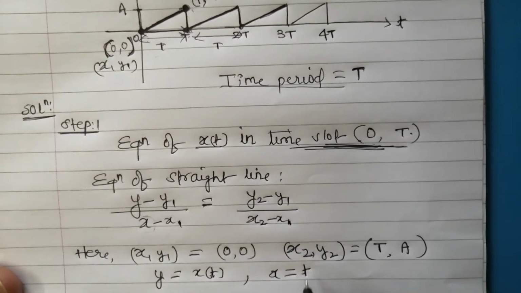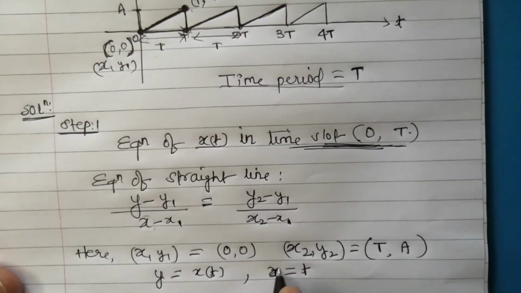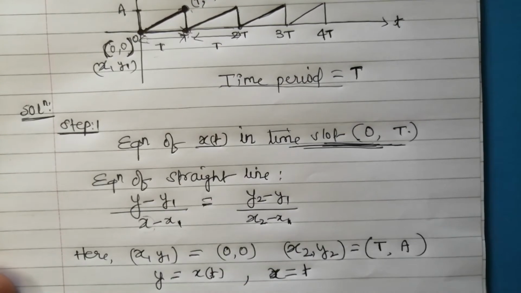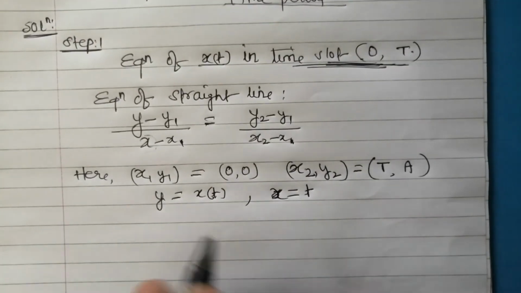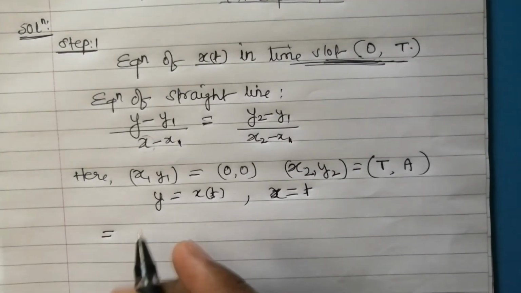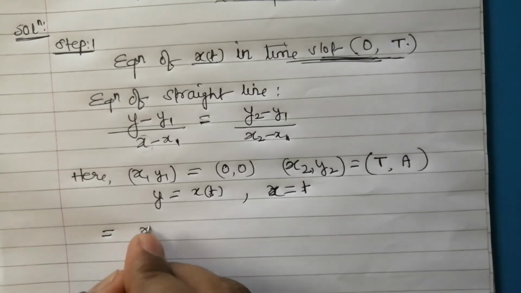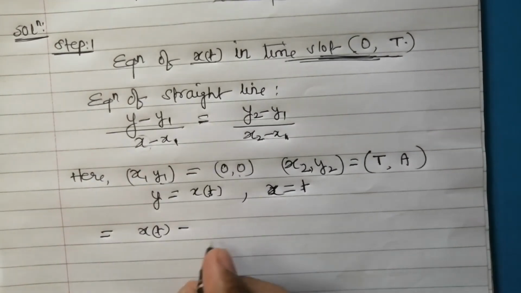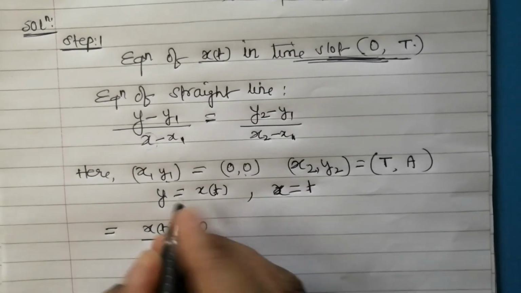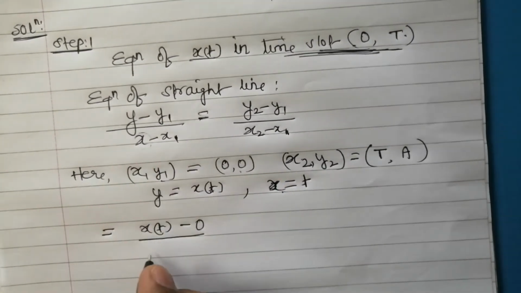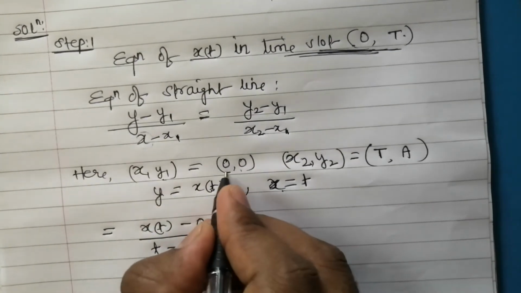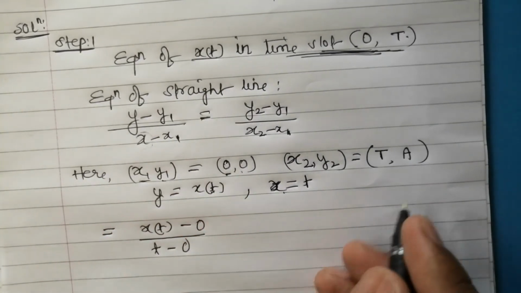Now we will place all these values in this particular equation one by one. y is x of t. What is y1? 0, divided by, what is x here? t. And what is x1? Again it is 0.